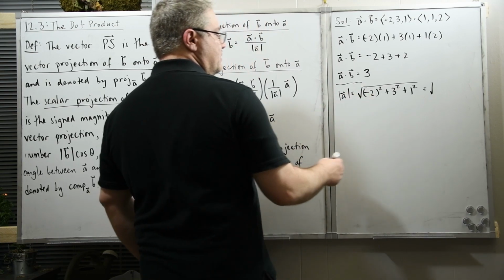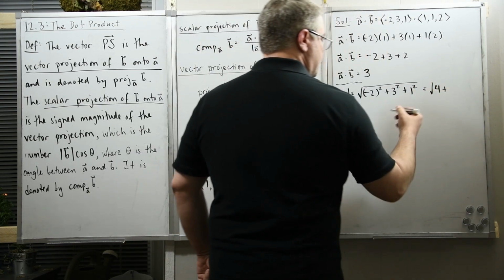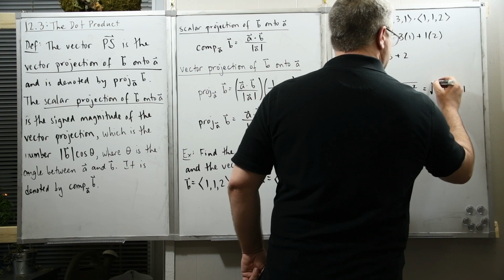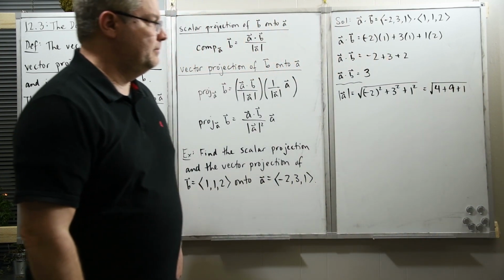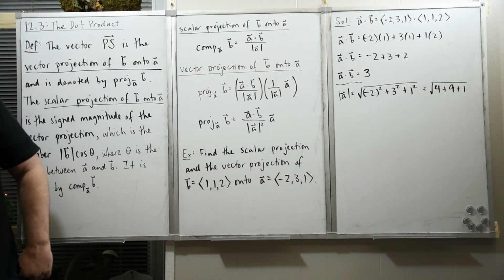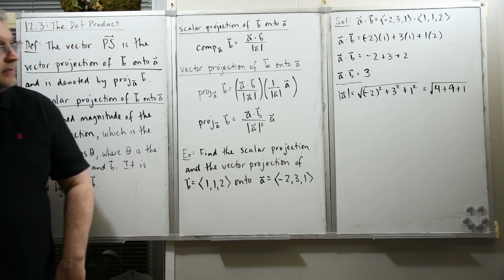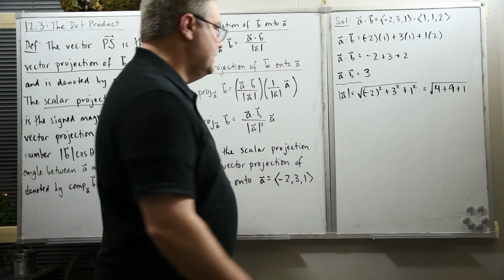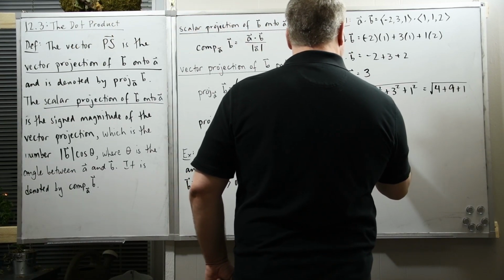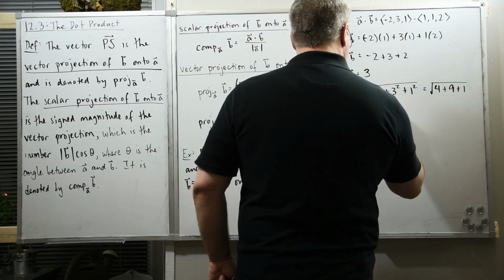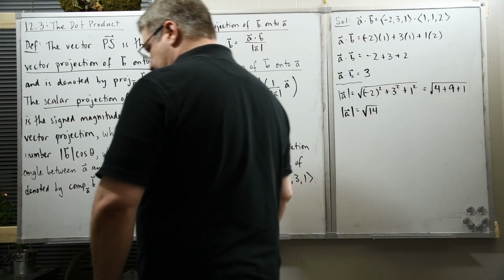Square negative 2, you get 4. Square 3, you get 9. Square 1, you get 1. And so 4 plus 9 is 13, plus 1 gives us 14. So the magnitude of a is the square root of 14.